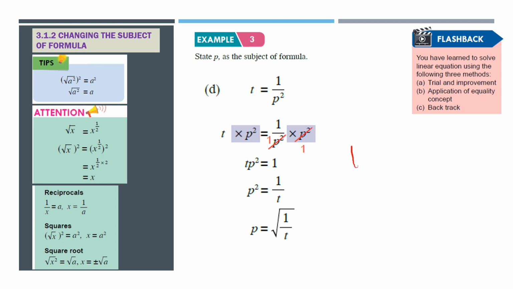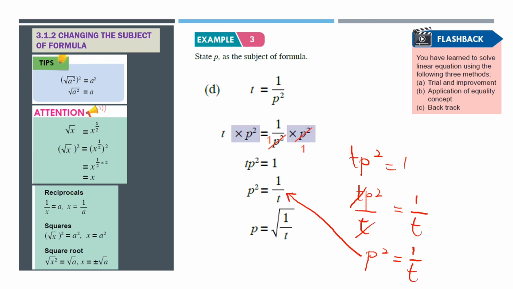Okay, TP squared equal 1 here means TP squared divided by T equal 1 over T. So you eliminate this T, it becomes P squared equal 1 over T. Okay, same.